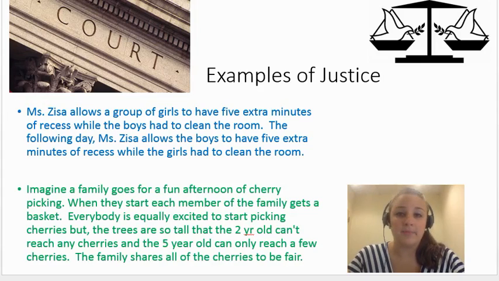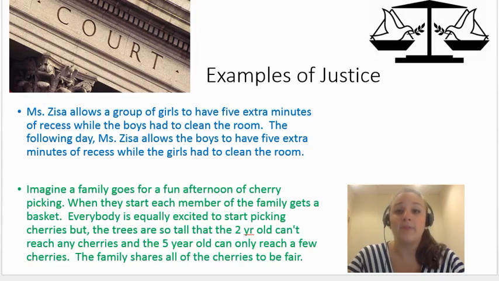Another example. Imagine that a family goes for a fun afternoon of cherry picking, and when they start, each family member gets a basket, and everybody is equally excited to start picking those cherries, but there's a problem. The trees are so tall that the 2-year-old can't reach any cherries at all, and the 5-year-old can only reach a few.